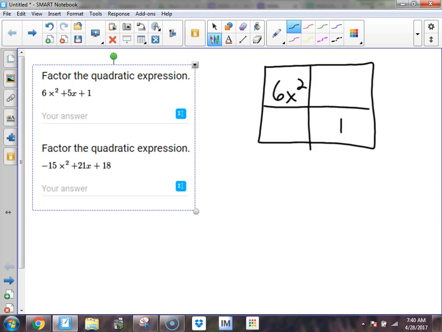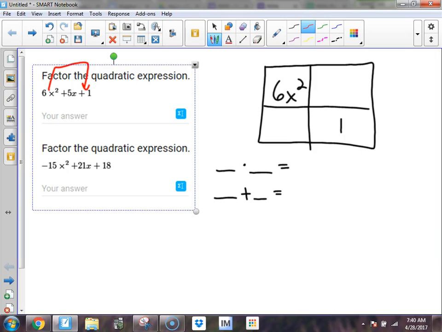Then we try to come up with two numbers that will multiply to give me something, and then 2 numbers that will add to give me something. And those somethings are, well, regarding the multiplication, what I have to do is multiply this 6x squared and the 1, right?